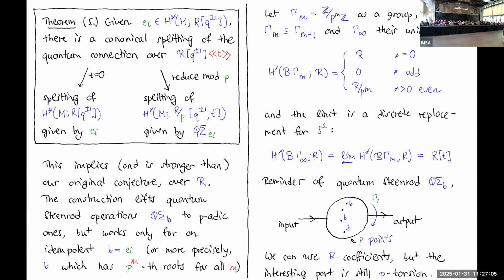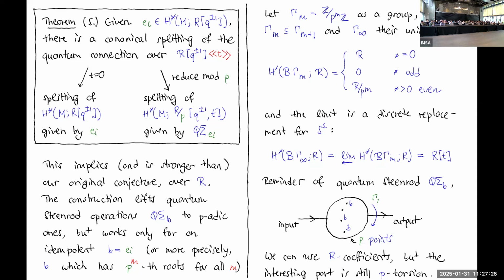Okay, so now I have to finally say a little bit about what quantum Steenrod operations are. As I said, you saw from the coefficient ring involved that quantum Steenrod operations involve the group Z mod p. And the lift here depends on a very stupid trick.